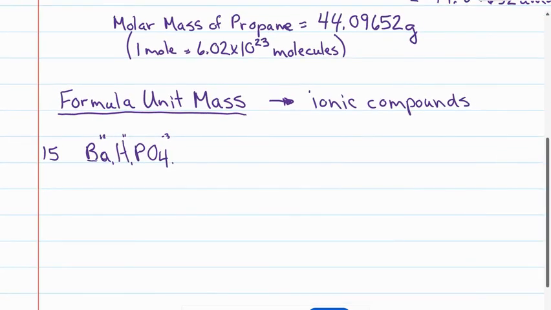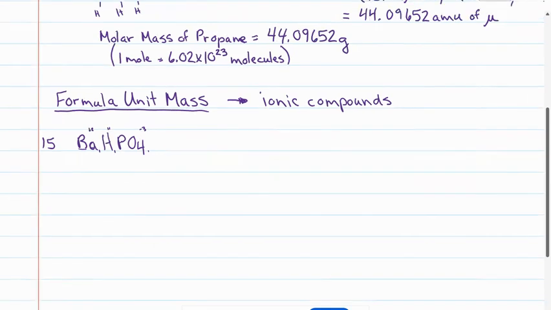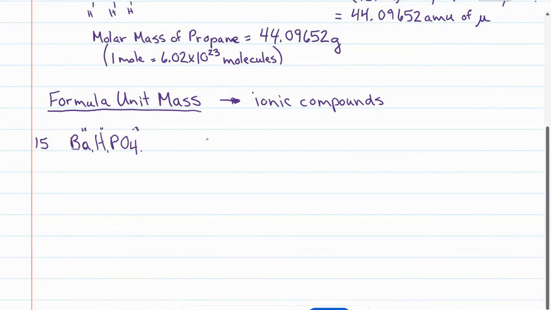And when we look at our formula unit mass, we know that we have 1 atom of barium, hydrogen, a phosphorus, and for oxygens we have 4 of them.